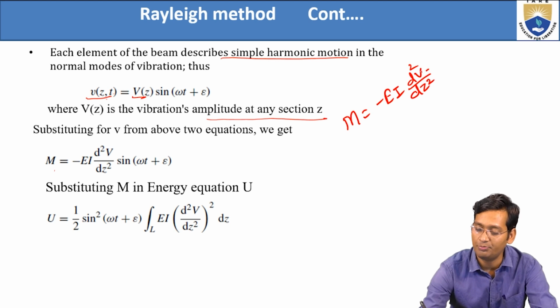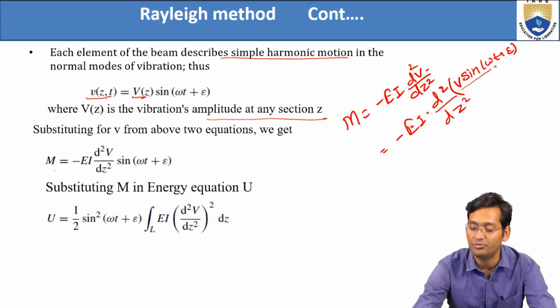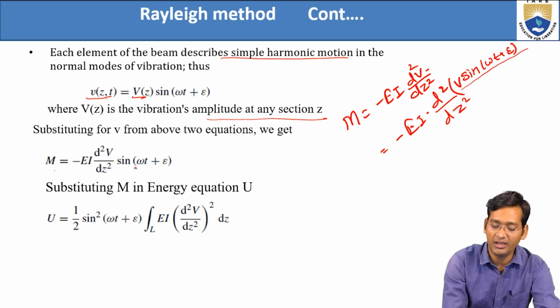So for V we put in V of z, sine omega t plus epsilon, d2 by dz square. Meaning, we have to differentiate this with respect to z. So d2V by dz square, sine omega t plus alpha.